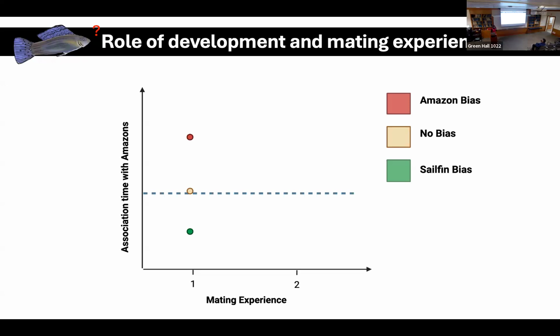So males, the red dot, males that grew up in an Amazon biased environment, they have a preference for Amazon. If I did a binary choice test, they would spend most of their time hanging out with the Amazon females, versus males that were raised in a sailfin biased system might be able to choose more correctly and hang out with sailfins most of the time.